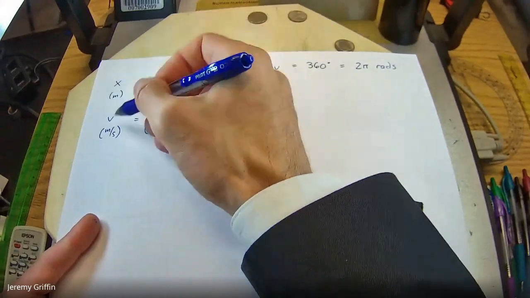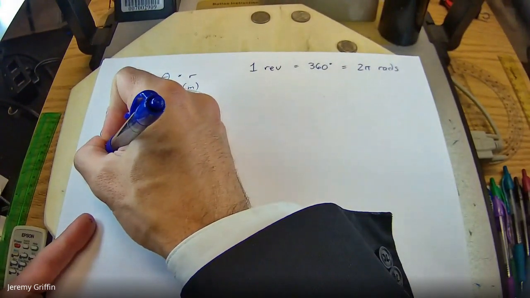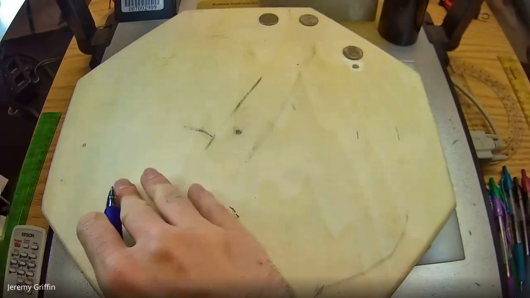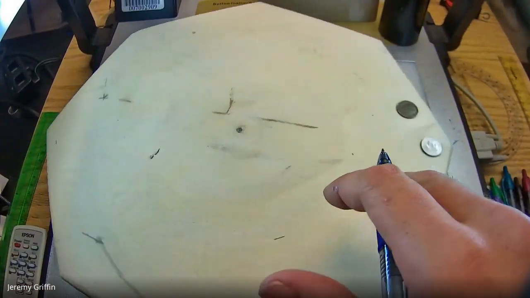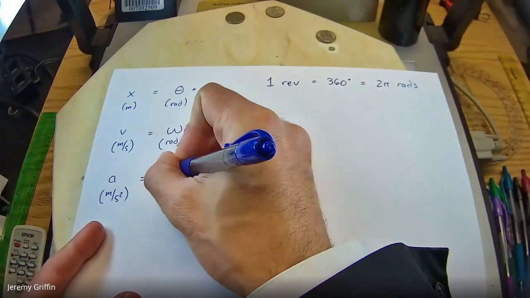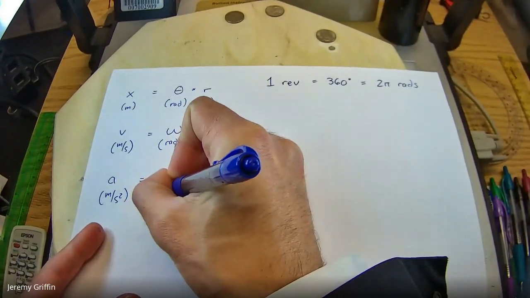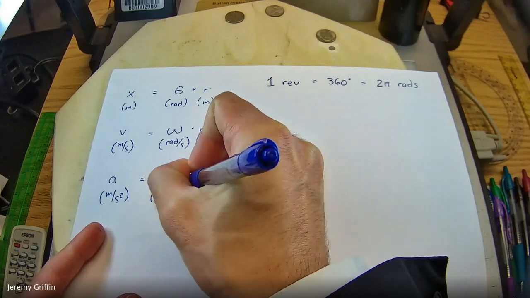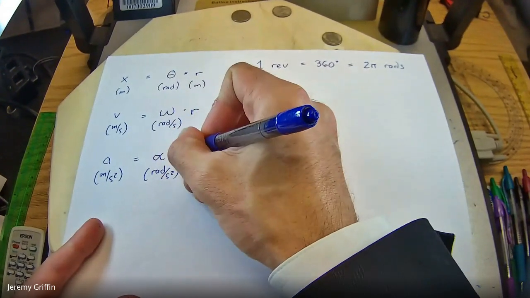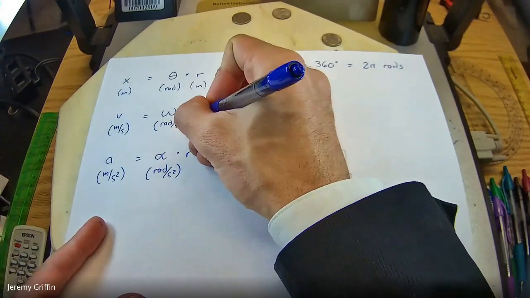Okay, so we've got x, we've got v. The next one that logically follows is a, acceleration, in meters per second squared. Suppose this turntable is speeding up or slowing down its spinning. See there, it's slowing to a stop. Well, that would be alpha, in radians per second squared. How quickly is it speeding up or slowing down spinning, times the radial distance from the center, some number of meters.